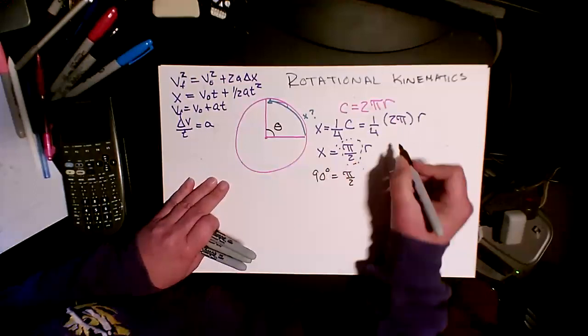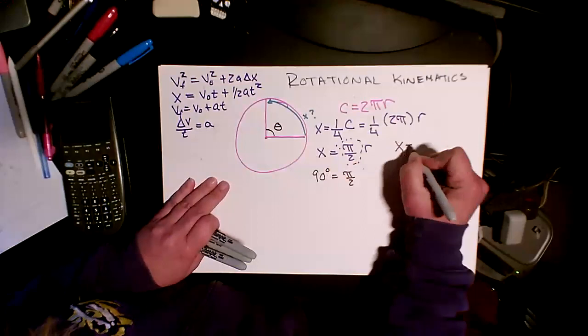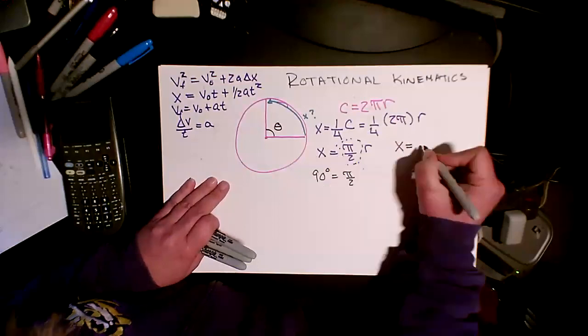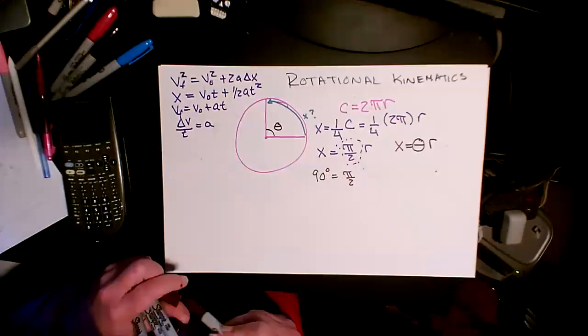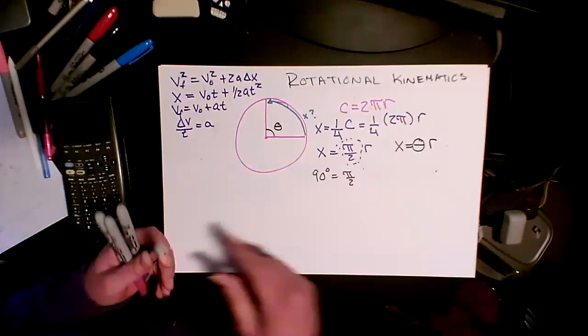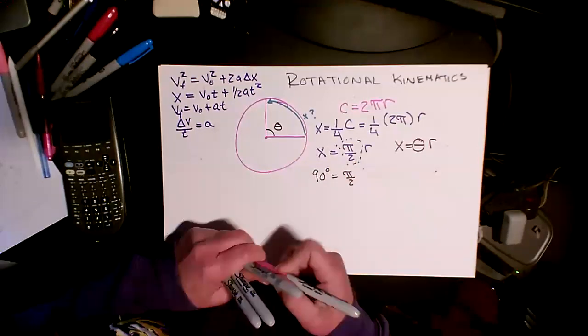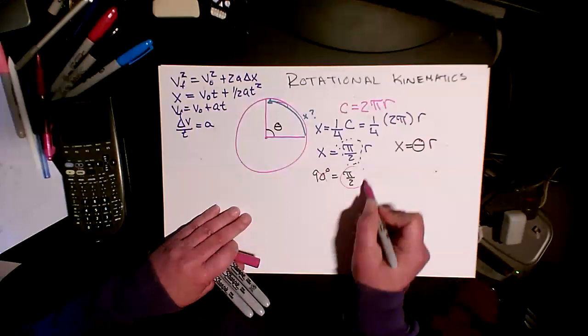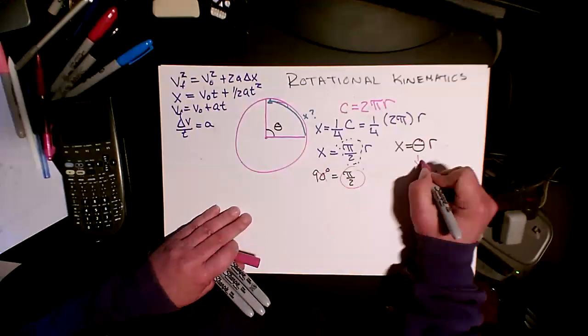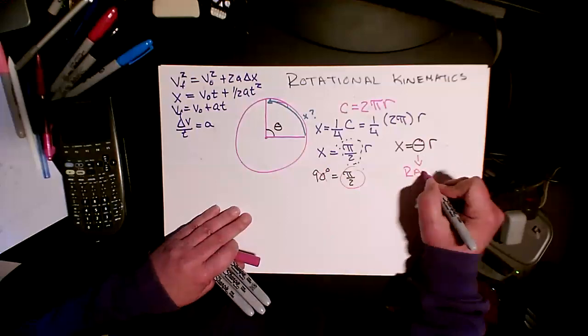So we can define our displacement in terms of this angle theta and the radius of that circle. Pretty cool. I want to emphasize that everything we're going to be doing now is not in terms of degrees, but in terms of radians. So this theta here is in radians.